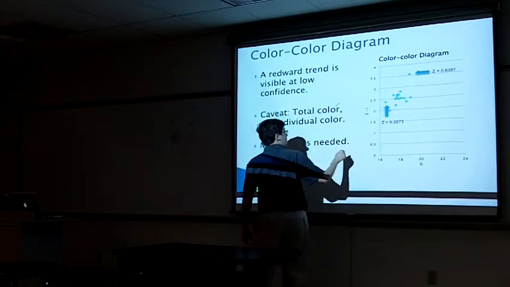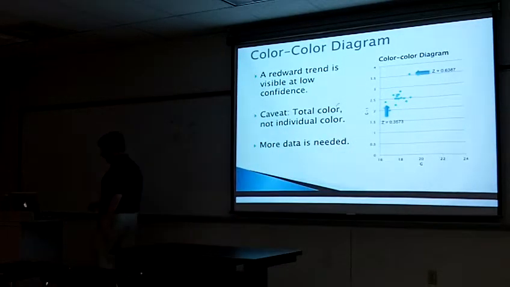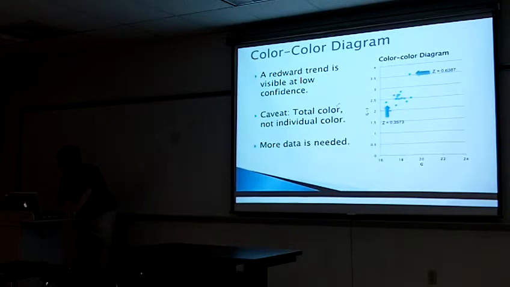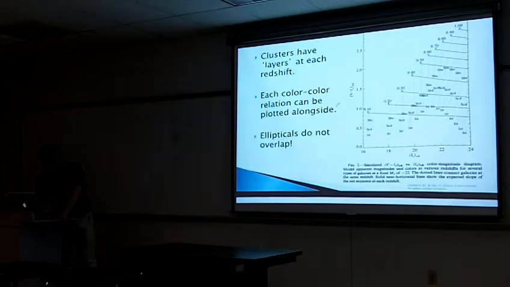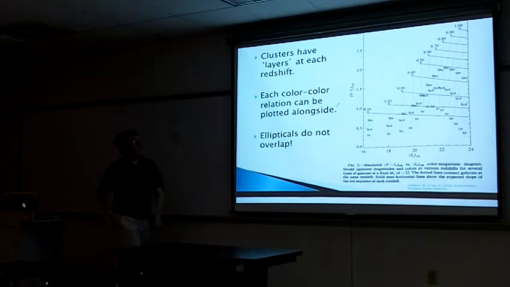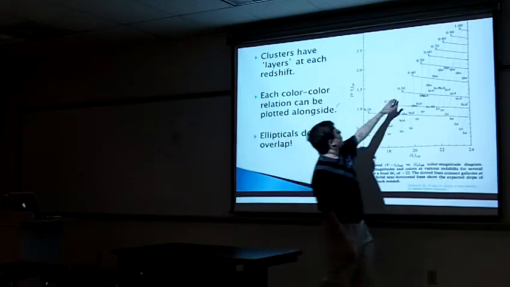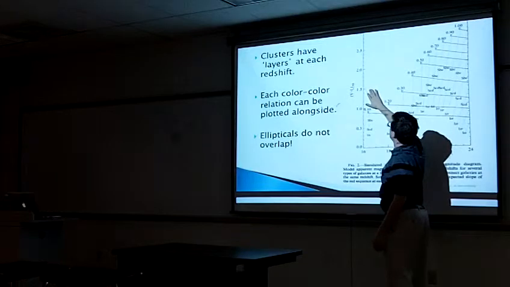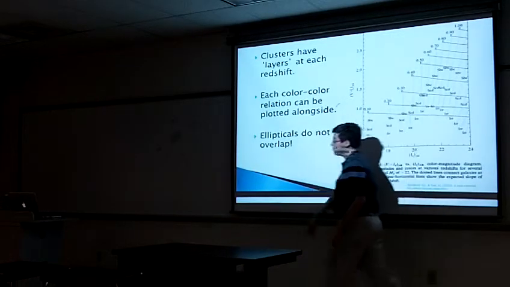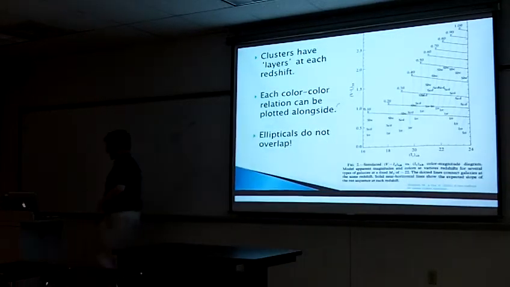Now, one thing I was worried about is that I'm actually displaced a little bit, and I believe this has to do with the color filters that I used. For example, if we go back to this, you'll notice that they used V minus I, and my sample is going to be between 0.3 and 0.6. What we expected was something between 1.4 and 2.3 on the y-axis.